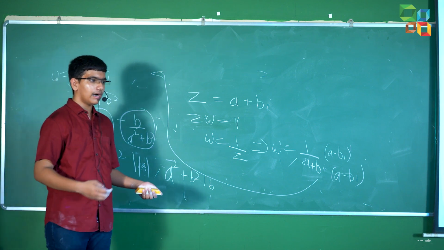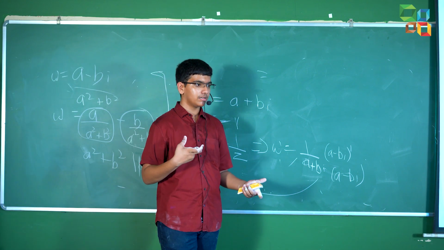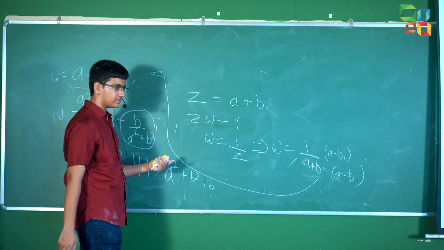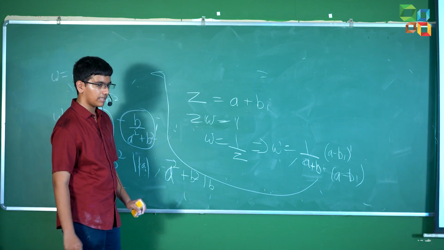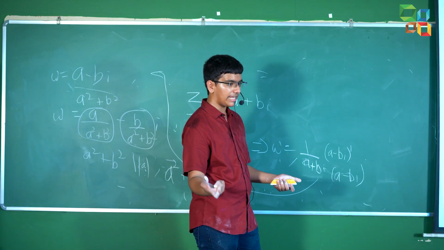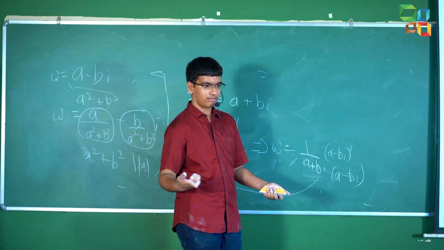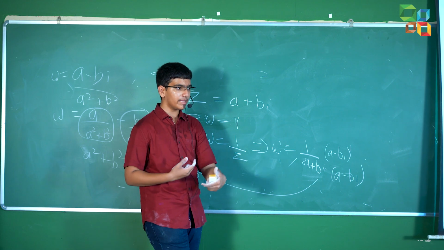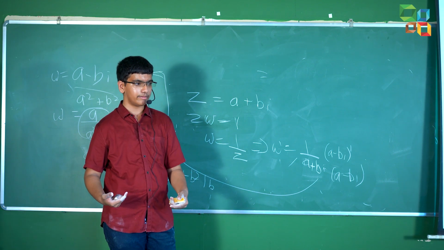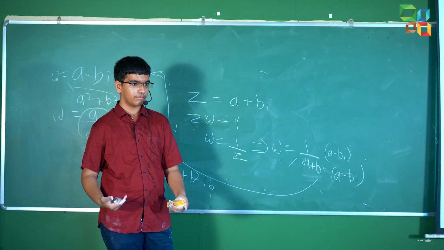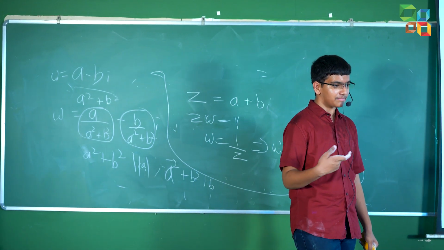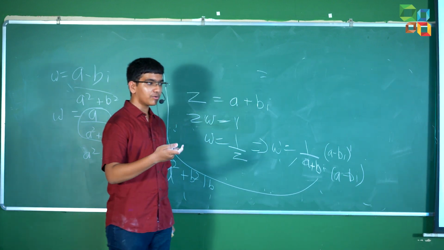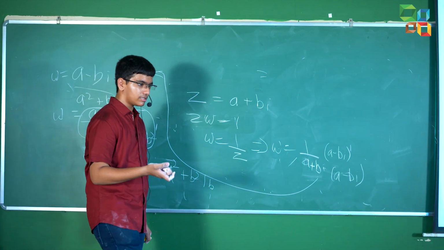Now, can a multiple of a number, I'm talking about positive here, because a squared is positive, b squared is positive, mod of a is positive. Can a multiple of a number ever be less than the number? No, right? It can be equal. 2 into 1 is 2.